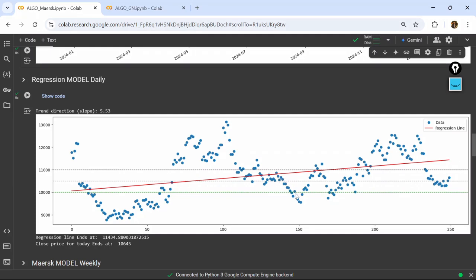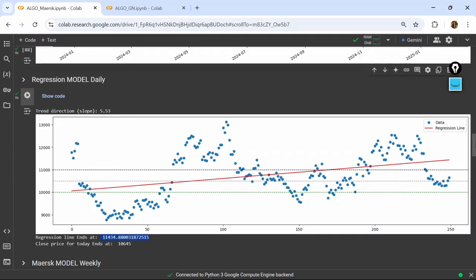Same as here, you can see the price came below the regression. At some point it will catch this regression line and go back up. It depends on the market and stock position. But at some point it will come up and meet this regression line.